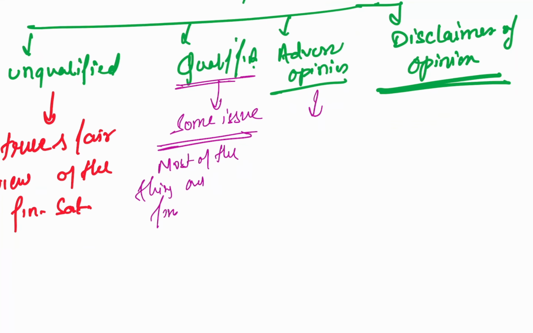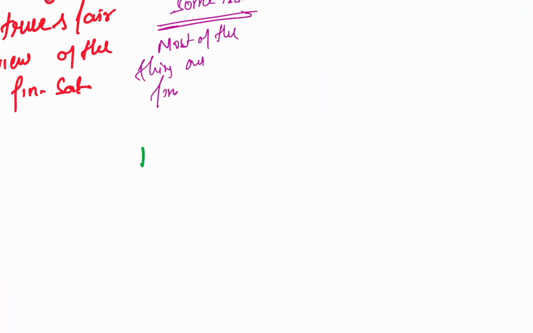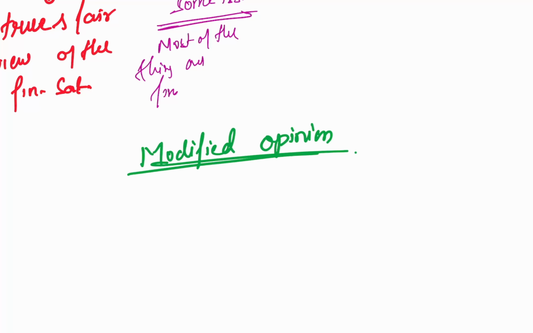Now there is one more term which is used, the modified opinion. Write down modified opinion: any opinion that is not unqualified. Write down the term not unqualified.